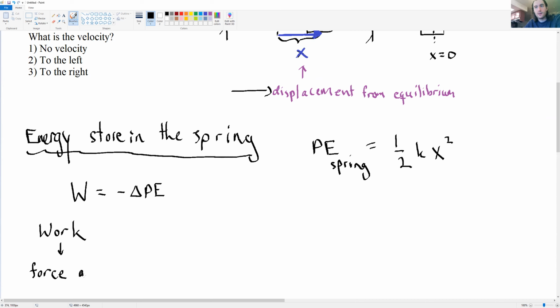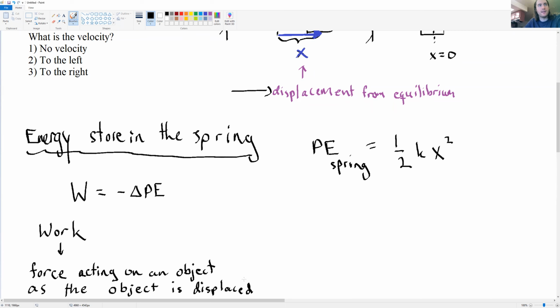Force acting on an object as the object is displaced. And then we could go a little bit further. It has to be displaced parallel to the force.